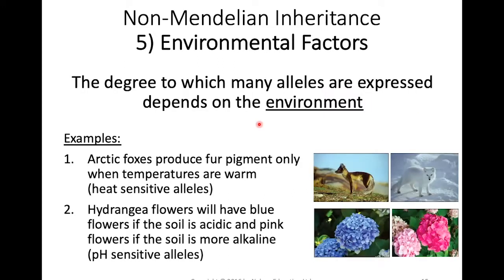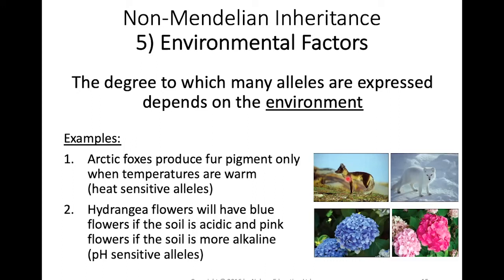Now, environmental factors can also play a huge role in determining what type of alleles will be expressed under certain environmental conditions. Here we're looking at two examples: Arctic foxes as well as the flowers of hydrangeas. With the Arctic foxes, they have heat-sensitive alleles, and these alleles are turned on and off by temperature.